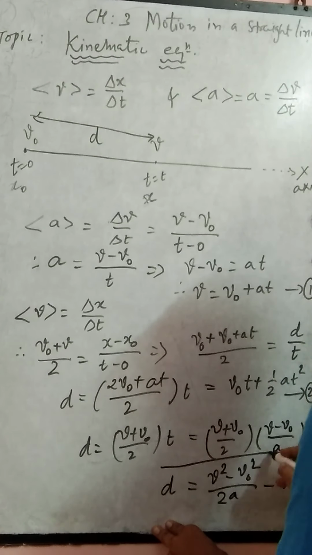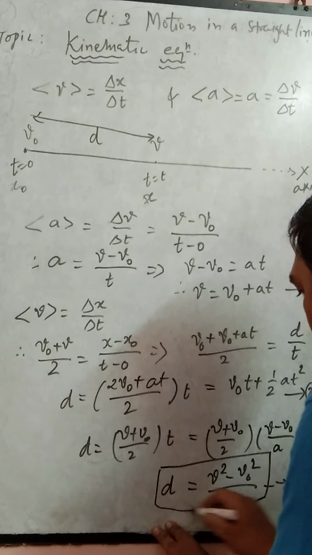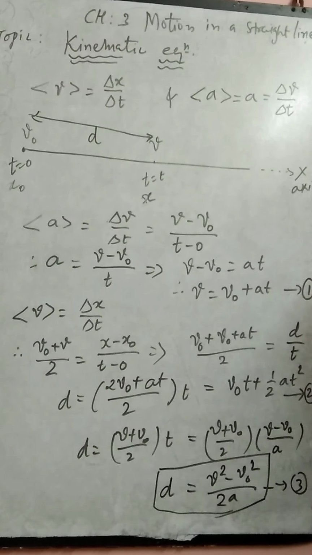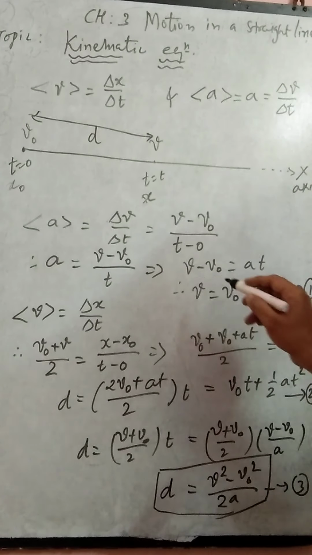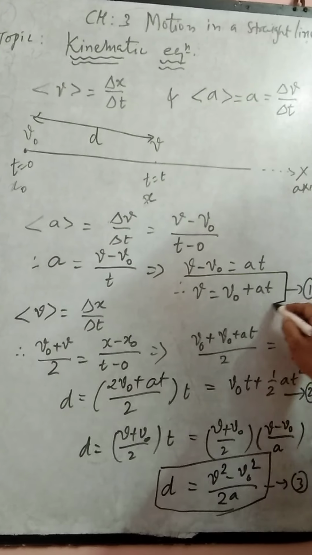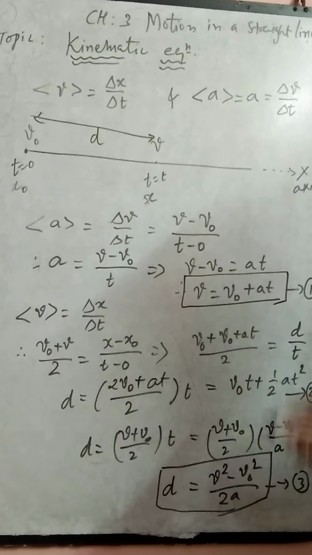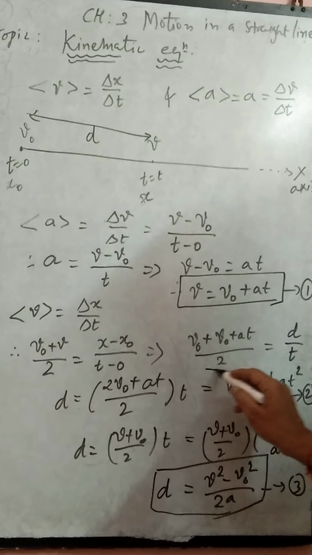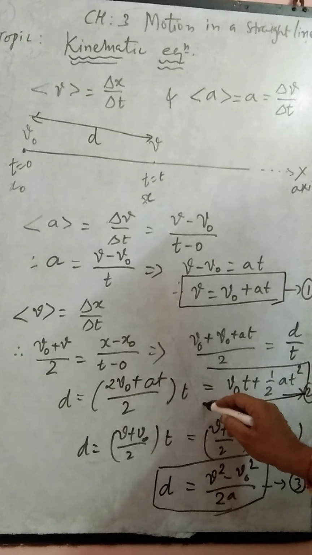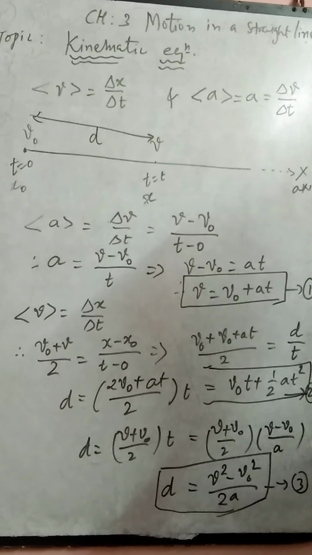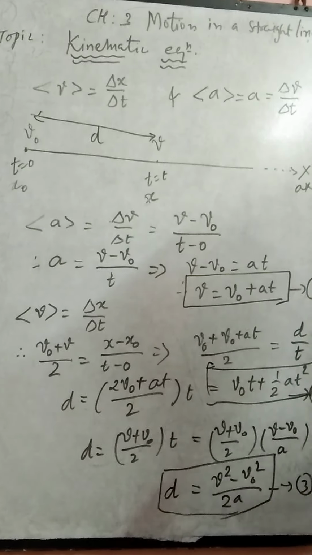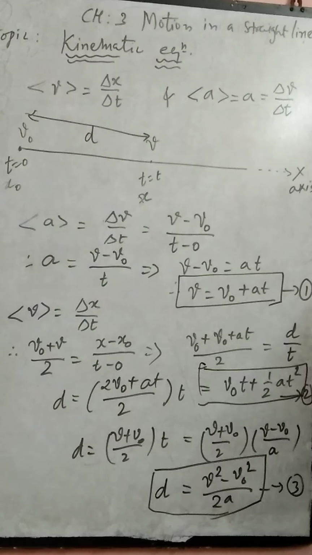So we get three equations for uniformly accelerated motion, which are also called kinematic equations. The first is v equal to v naught plus at. The second is d equal to v naught t plus half at square. And the third is d equal to v square minus v naught square upon 2a.